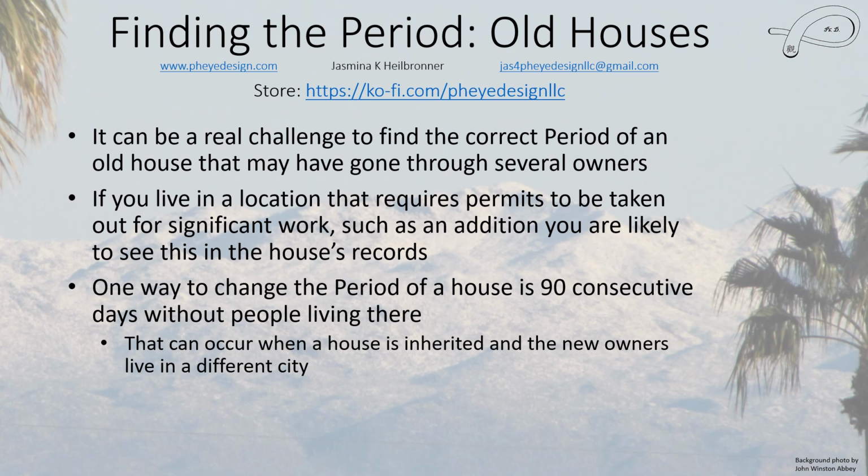And usually it will be clear, especially if you look at even the obituaries for that city, especially if it's a smaller city. You will know when the old owner died, because this is all in the records. If you live in the United States, I think anywhere in Europe, all this will be known.